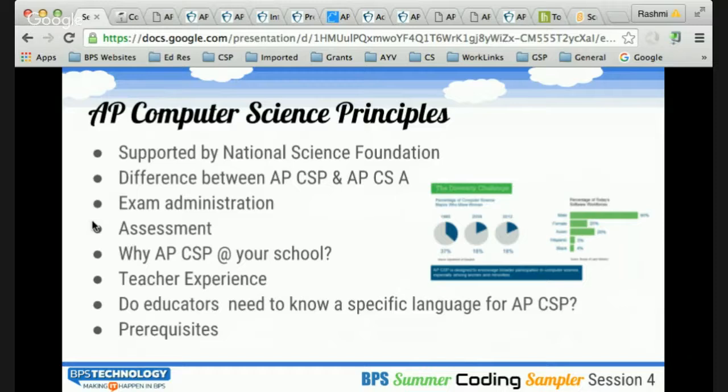This was a very critical question: do educators need to know a specific language for AP CSP? We'll look at the syllabus for AP CSP, which is a generic model, and there are close to 12 languages that they have recommended that you can implement. They range from block-based programming to text-based programming, so AP CSP gives you, as a teacher, the flexibility to integrate a different language into your syllabus.